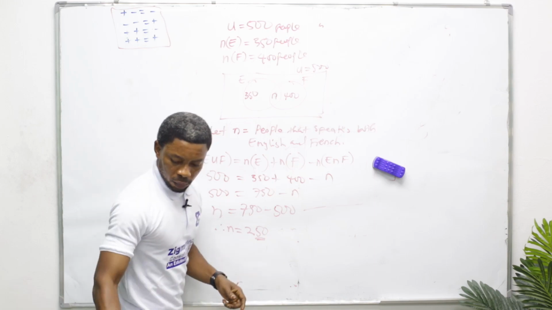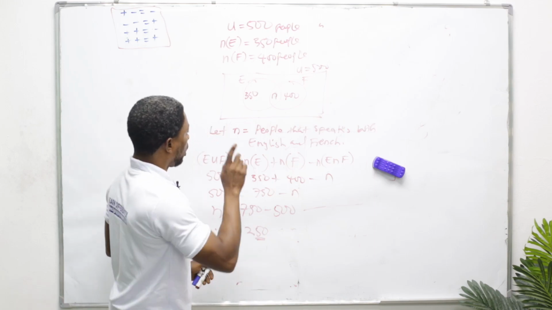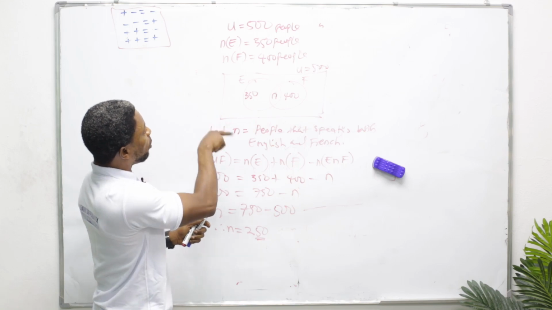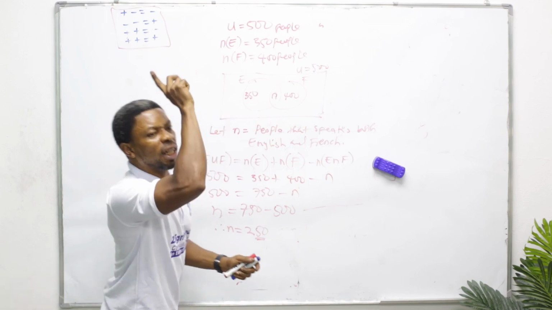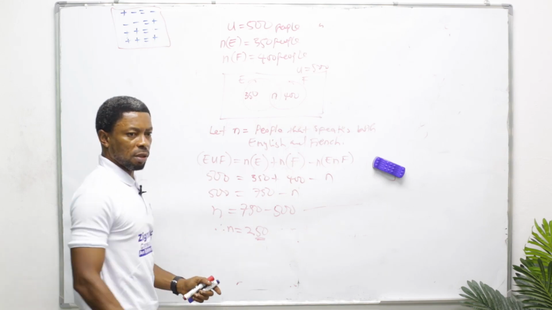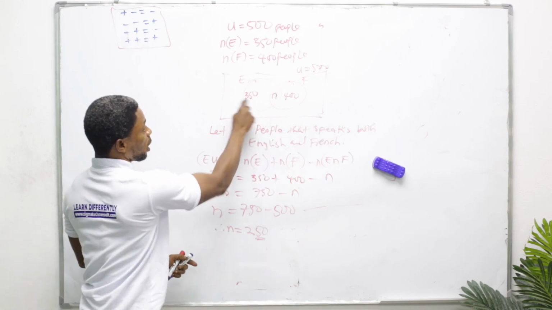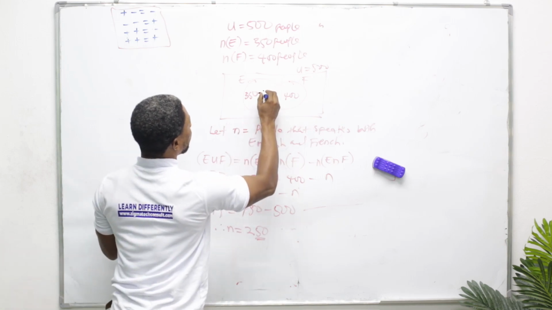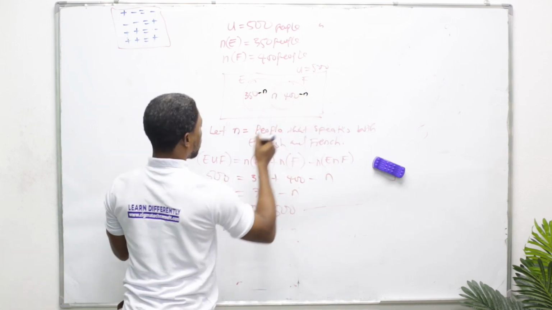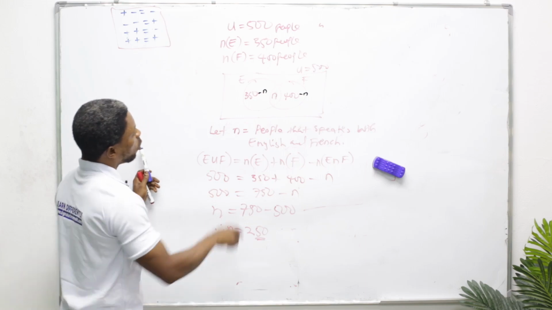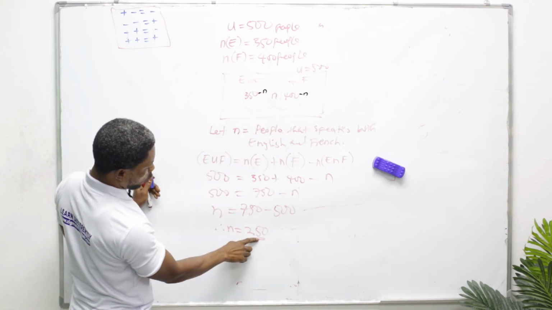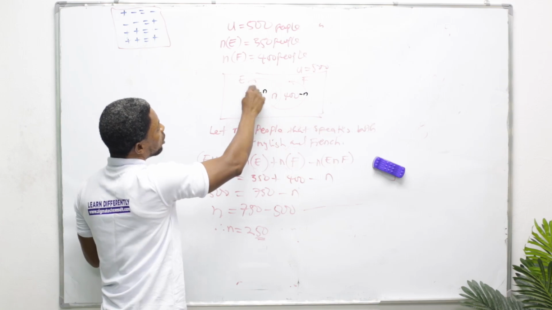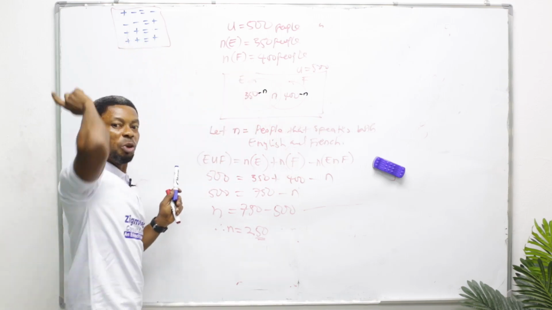Now, take this key. What if the question was like, find the people that speak only English? It's not 350. You have to remove this one. So if I were you, I'll put minus N. If N is 250, if I remove 250 from here, the number that remains means those that speak only English.